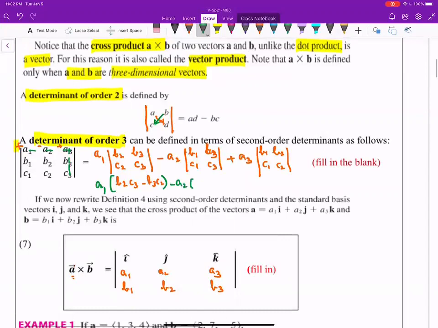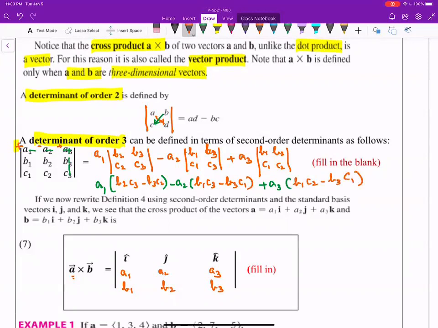If you expand this, you're going to get B1 C3 minus B3 C1, then plus A3 multiplied by, when you expand this, it's B1 C2 minus B3 C1.